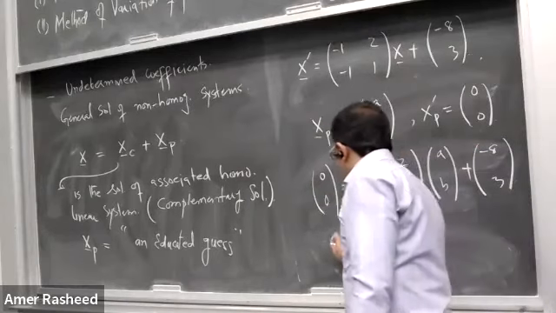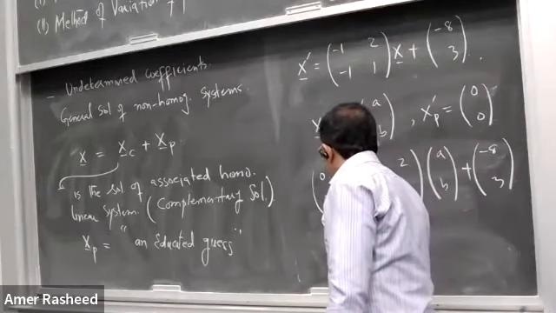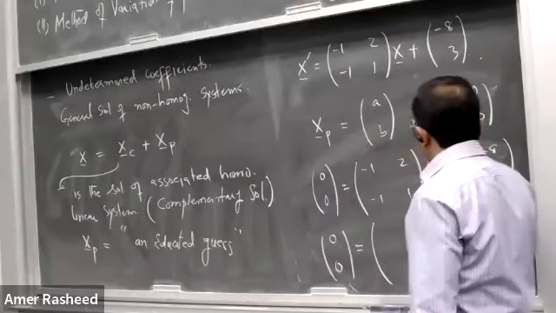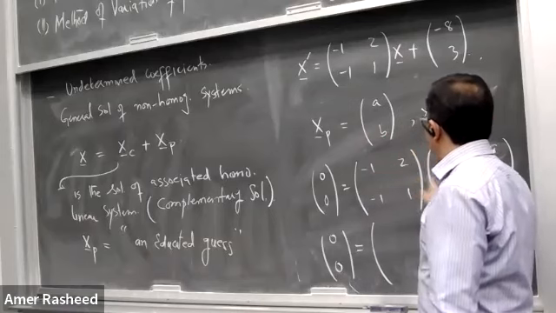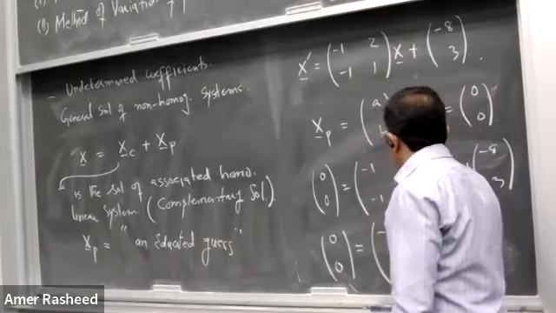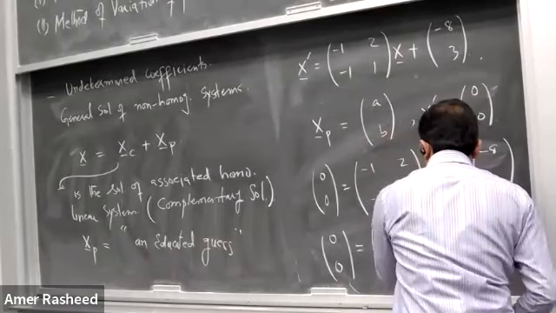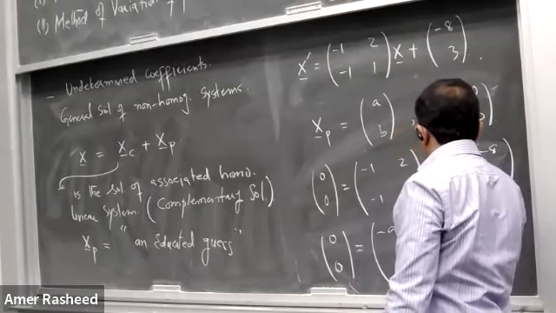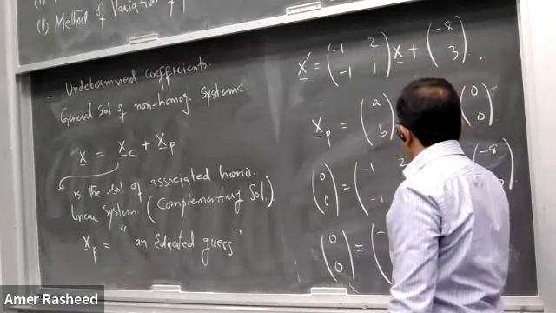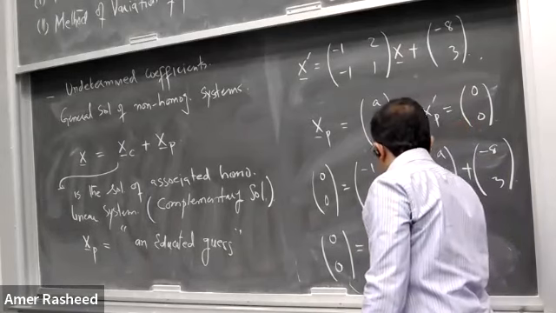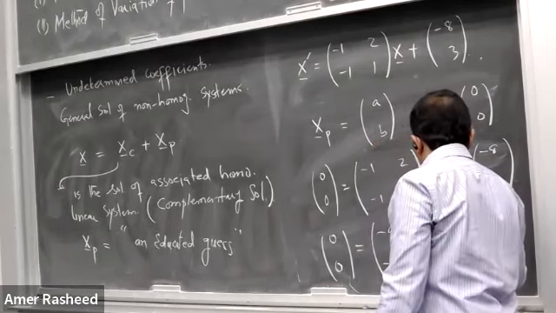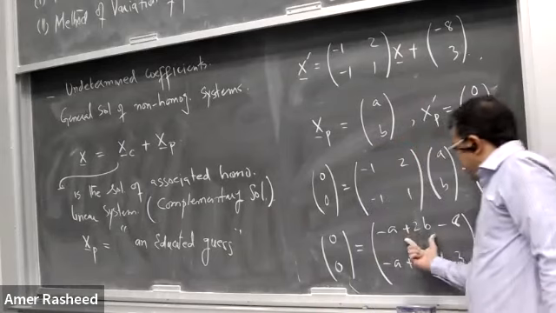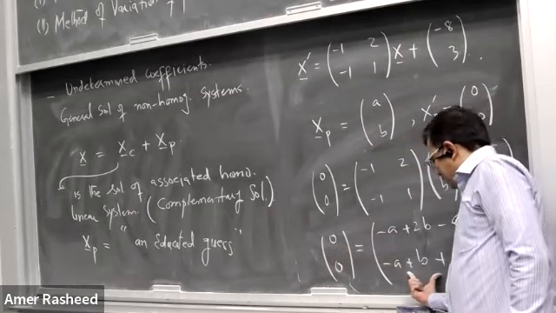For example, what do we obtain here? [0, 0] is equal to what? You simplify this: -a plus 2b, and then -a plus b, plus 3 for the second entry, with -8 in the first. You put this equation equal to 0 and that equation equal to 0.